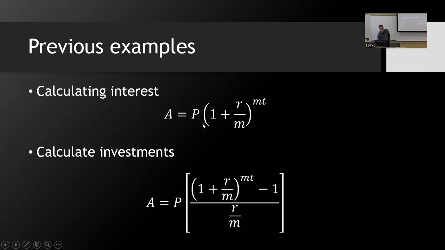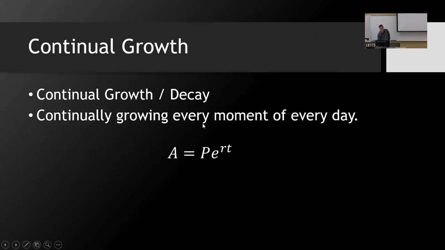The other model that is often used is the continual growth model, which is the P times e to the RT. That is continual growth happening all the time.